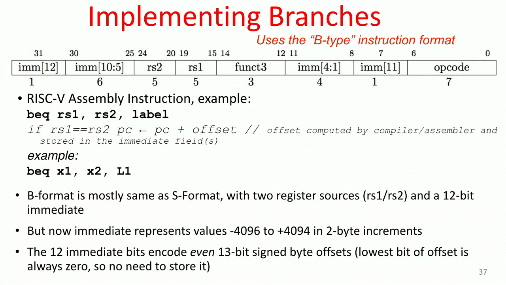The philosophy here is to keep the RS1, RS2, func fields always in the same place. And the consequence is that the immediates get spread out depending on which type of instruction it is. But once you look at the hardware, it's relatively simple to reassemble the immediate according to which type of instruction it is.